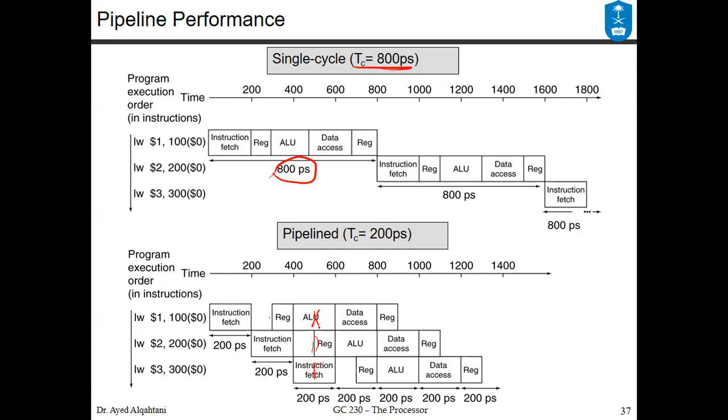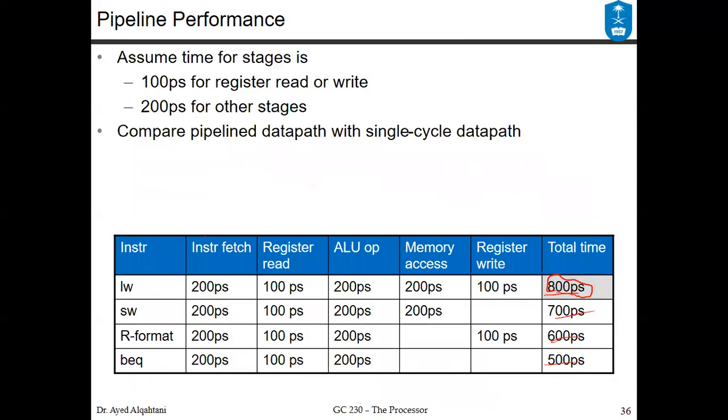Now, if you want to calculate the cycle time for the pipeline, it's actually quite easy. You just take the maximum of the stages, the maximum time of the stages. So as you can see, from the get-go, we said 100 picosecond for certain stages, 200 for other stages.